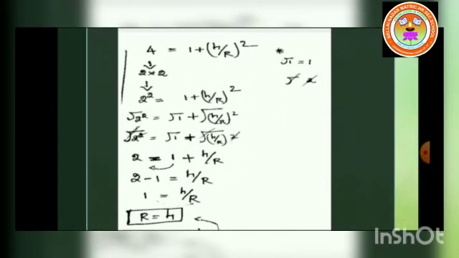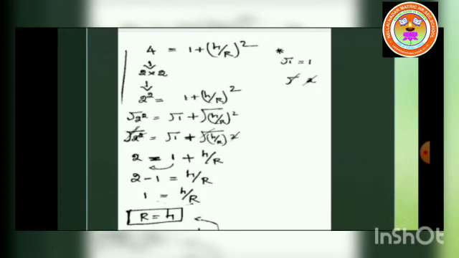Next, we should write 4 as 2 into 2. So 2 square is equal to 1 plus h by R whole square. We should take root on both sides. So root of 2 square is equal to root of 1 plus h by R whole square.